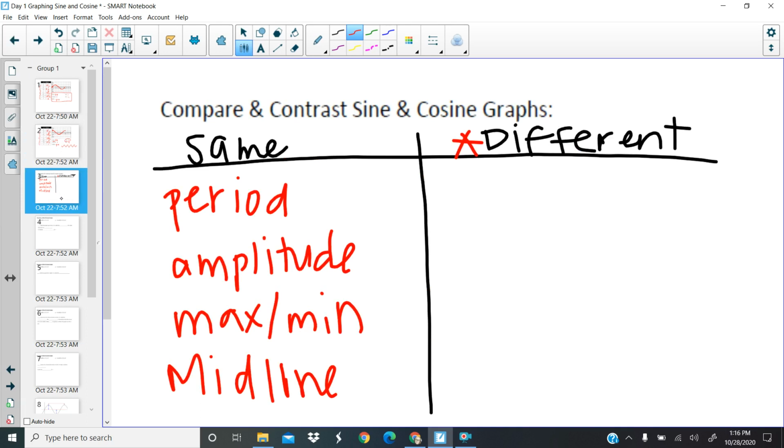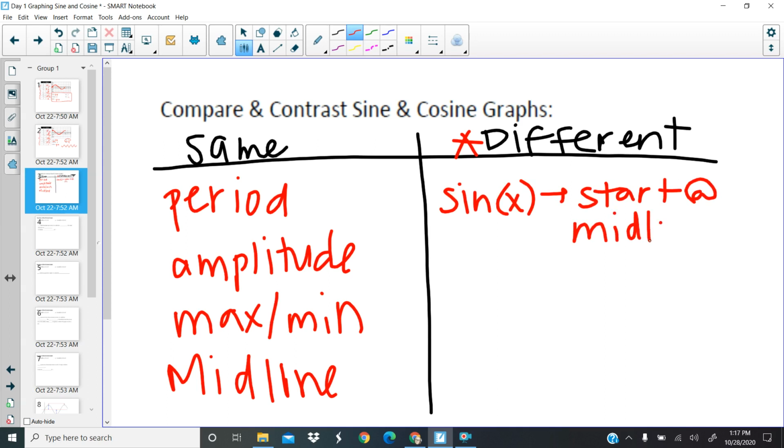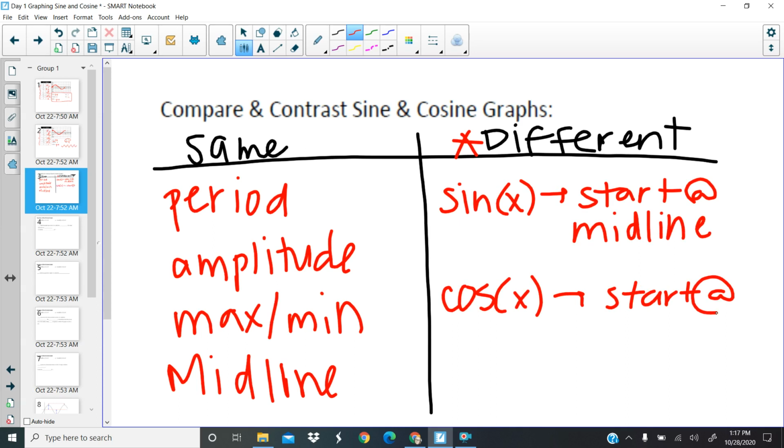So for differences, what I want you to make a note of is that the sine of x is going to start at the midline, and then the graph for cosine of x is going to start at the maximum on that graph. And that's going to be helpful whenever you're trying to look at a graph and write an equation from that graph, is to know these 2 things.